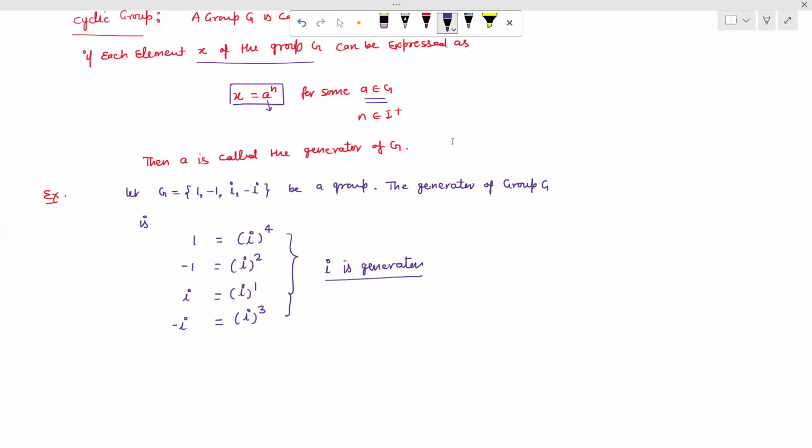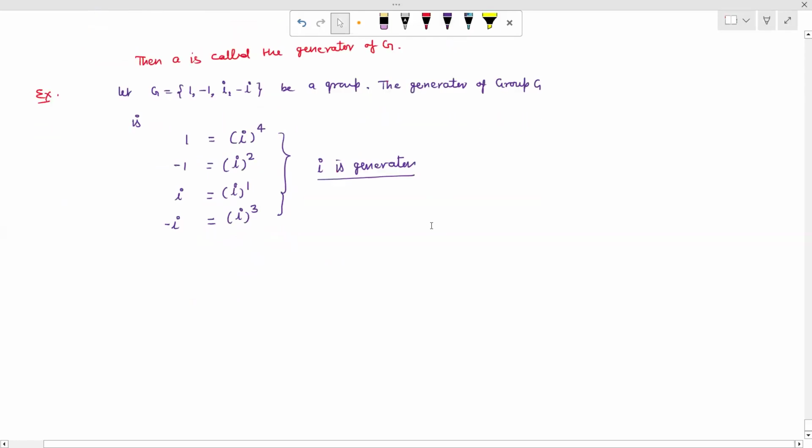Now we move to the second generator. Is a second generator possible in the group G? Yes, a second generator is also possible in this group. We take 1, minus 1, iota and minus iota, which we consider as x. Now we choose the second generator. That generator will be minus iota. We have already said that 1 and minus 1 cannot be a generator because we cannot get iota and minus iota. Here minus iota raised to the power 4, we get 1.